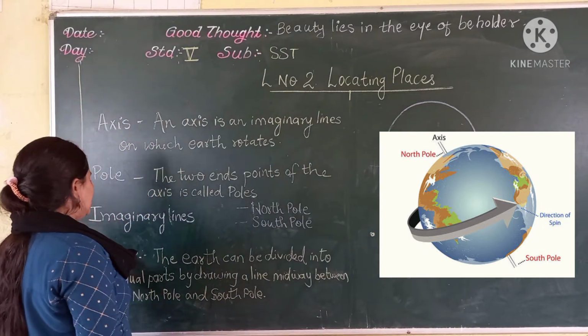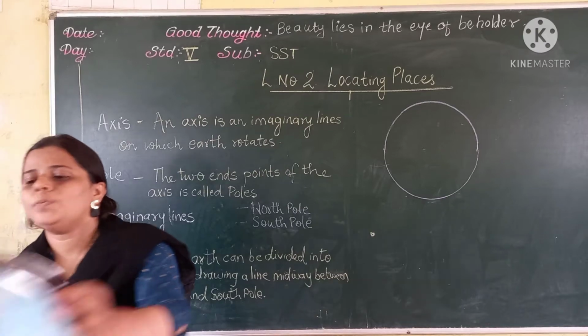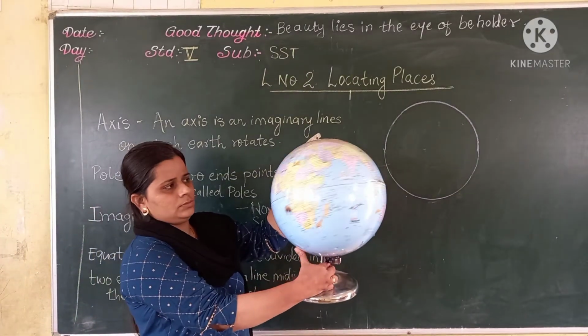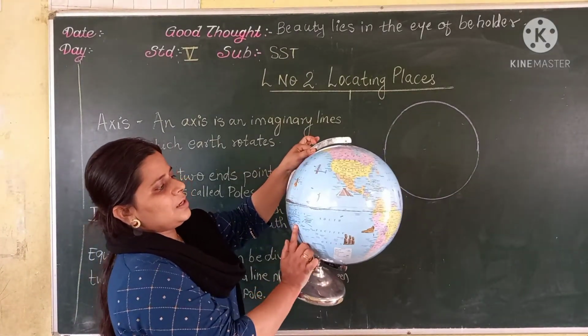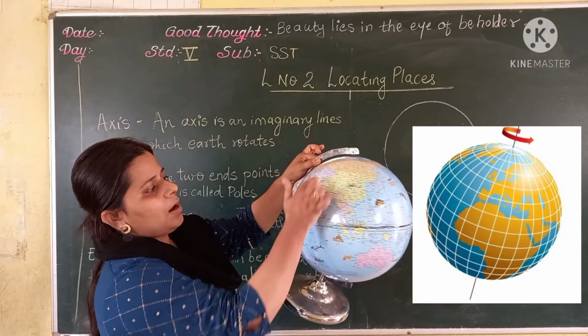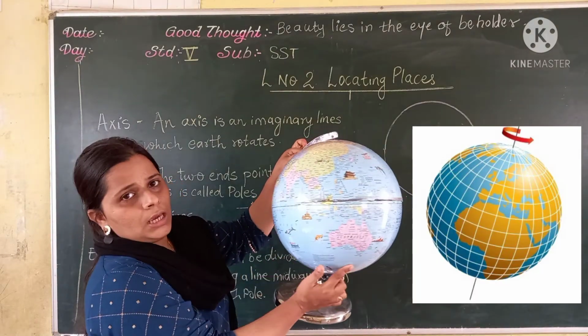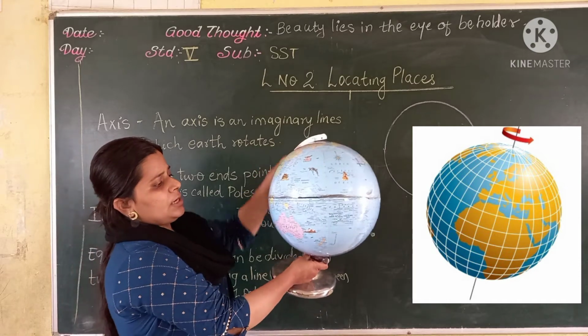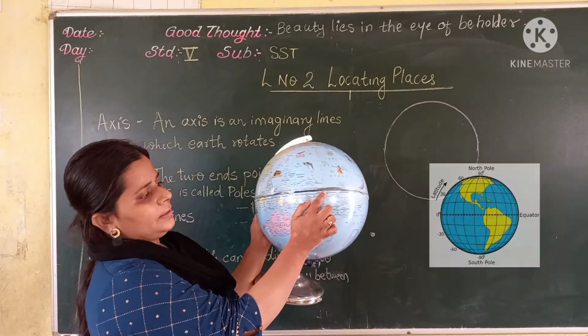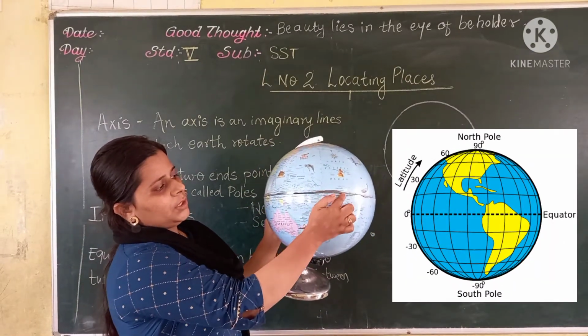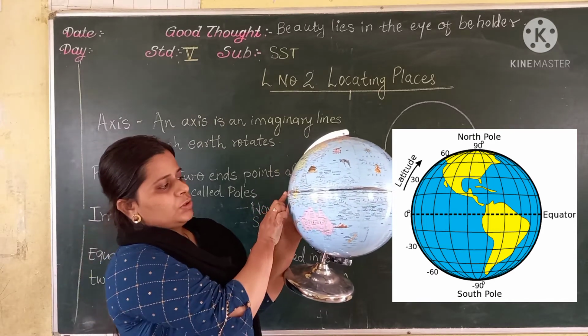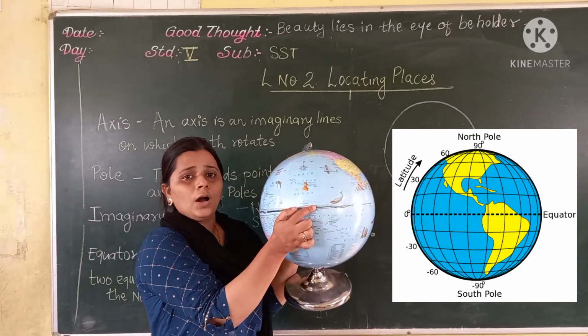Okay. Now can you see that on a globe many lines are drawn? Many lines are drawn on the globe. These all are imaginary lines. Now students, can you see this middle line between the north pole and south pole? So what is this line called?